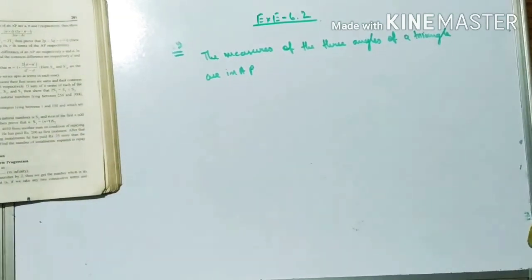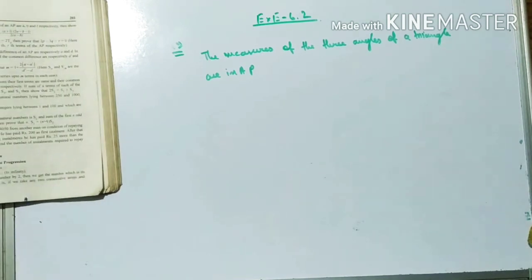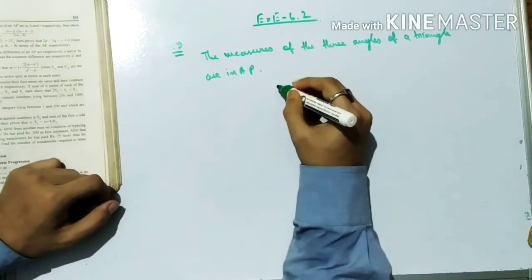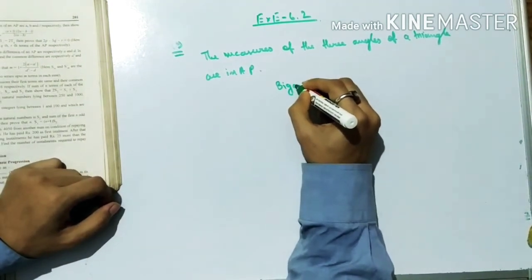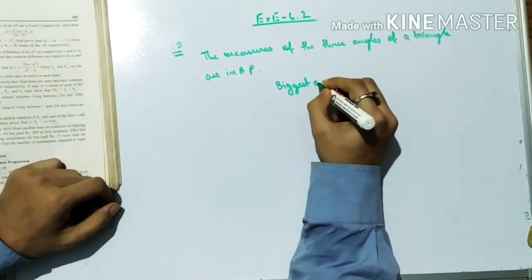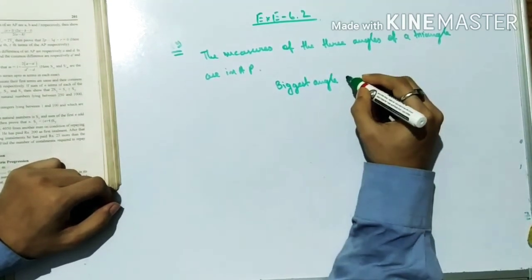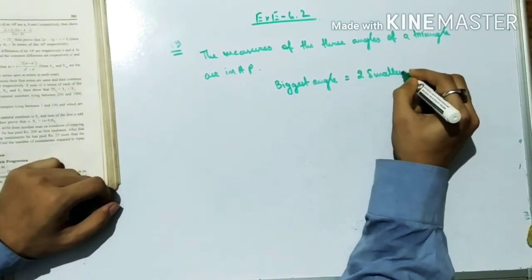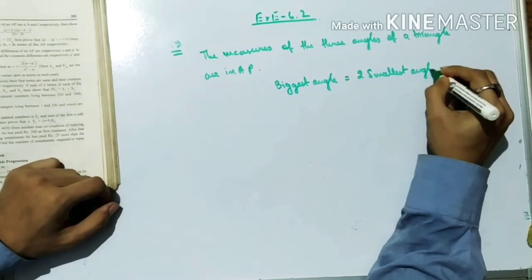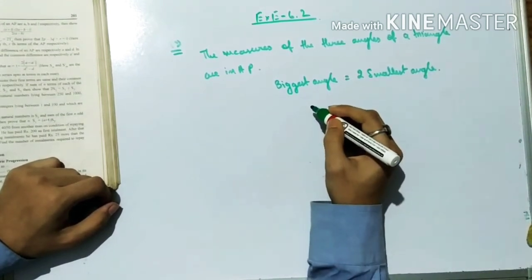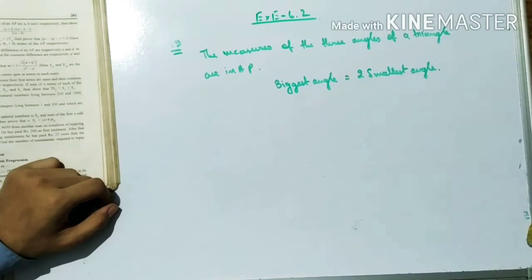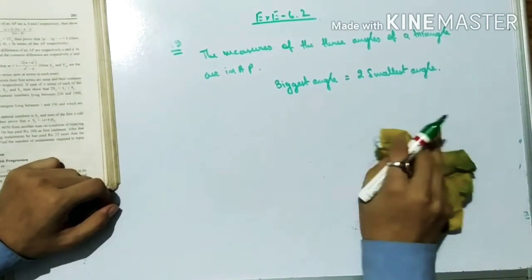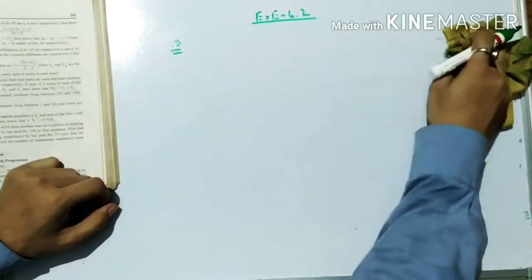If the measure of the biggest angle is twice the measure of the smallest angle, then I have to find the angles of the triangle.